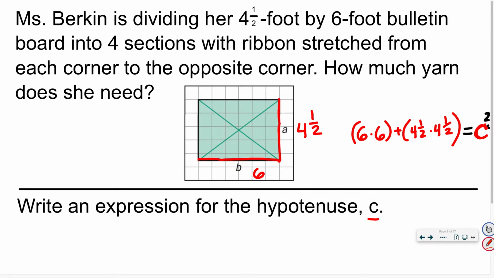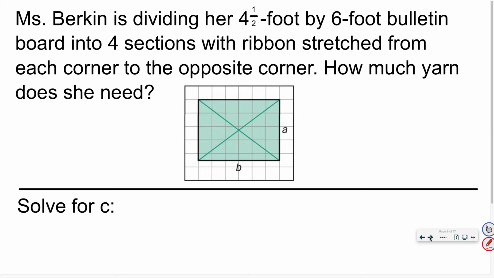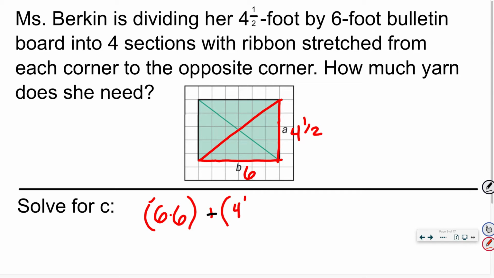As we go on to the next slide, start to do that calculation on your calculator. So let's just recap what you just said. You said 6 times 6. If this here is 6, and this side is 4.5, this side, we don't know. So we did 6 times 6, and then we added that other side times itself.